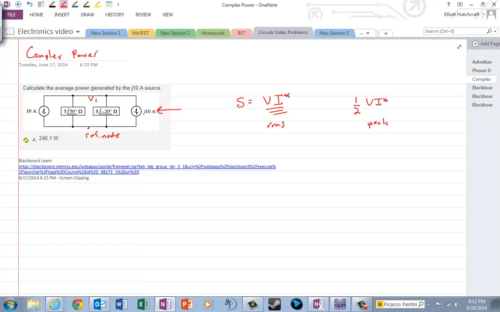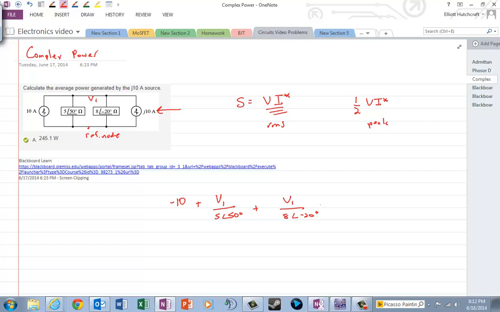Both of those are current sources, so this will work all nicely. I can say -10 plus V1 over 5 angle 50 degrees plus V1 over 8 angle minus 20 degrees.